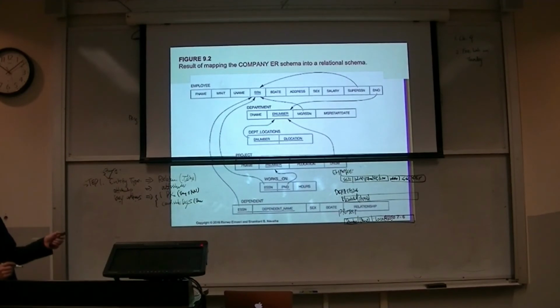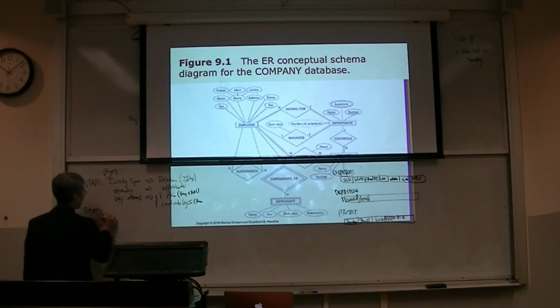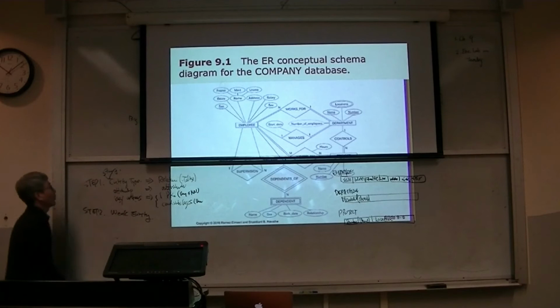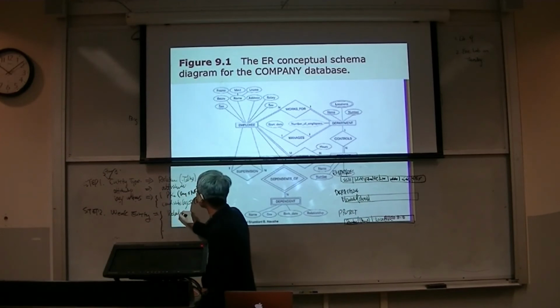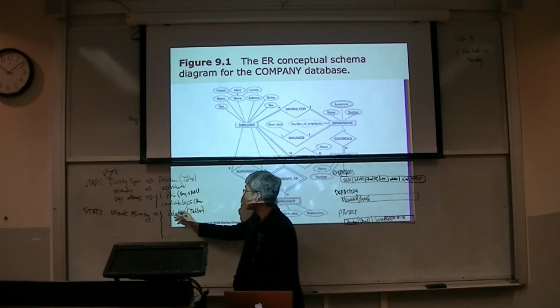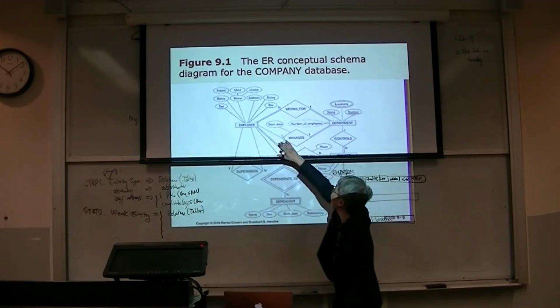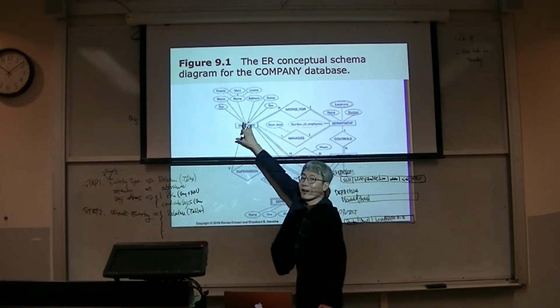The second step is the weak entity. In the case of a weak entity, we can create a relation table. However, this weak entity does not have a key attribute. It has only a partial key. Because of that, we need to use the identifying relationship, which it depends on, to find the full key.